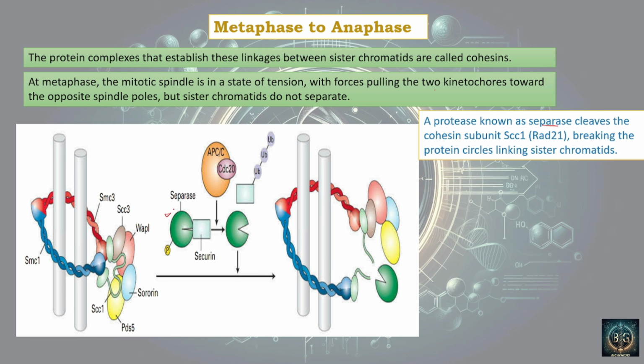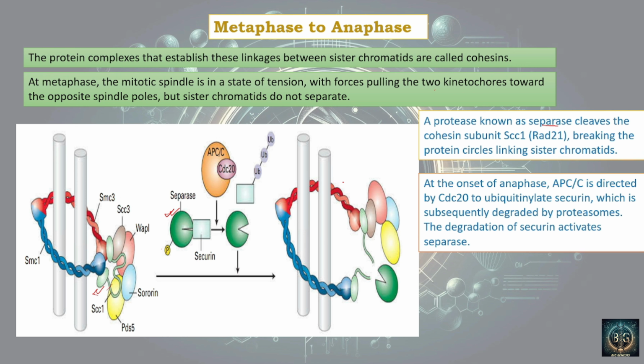See the diagram, it is the separase. It is a protease that cleaves the cohesin protein subunit SCC1. It is a subunit of cohesin protein. This separase cleaves the SCC1 subunit and then breaks the protein circles, and by this process sister chromatids can easily separate.